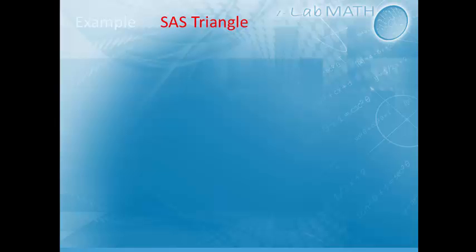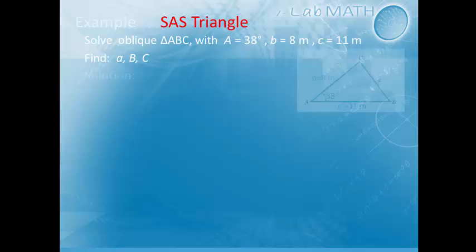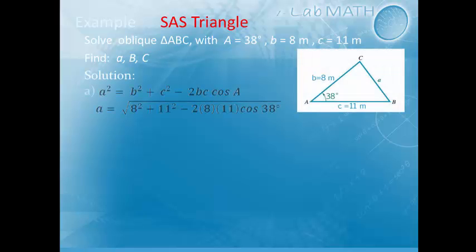Okay, we can now use the cosine law in solving this SAS triangle. Solve the oblique triangle ABC with angle A equals 38 degrees, side B is 8 meters, and side C is 11 meters. So solving the three unknown parts, side A, angle B, and angle C. Here is our triangle.